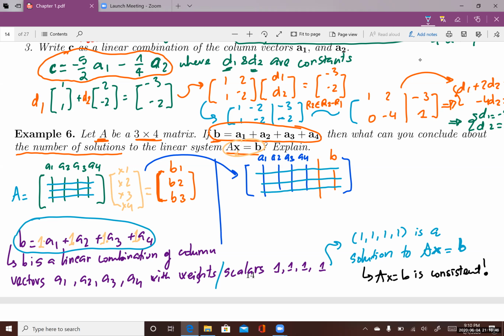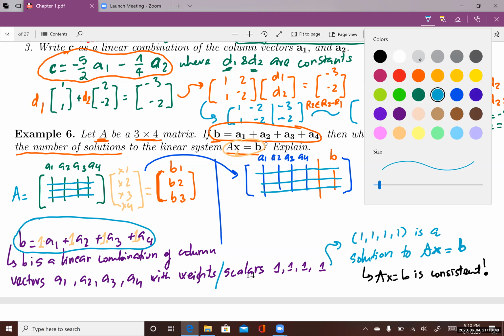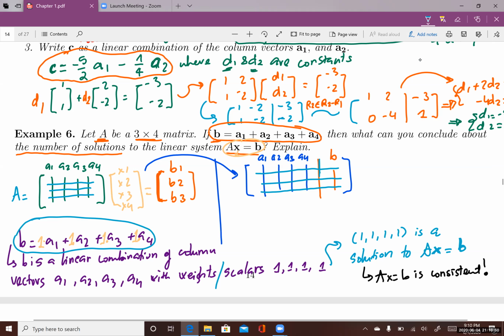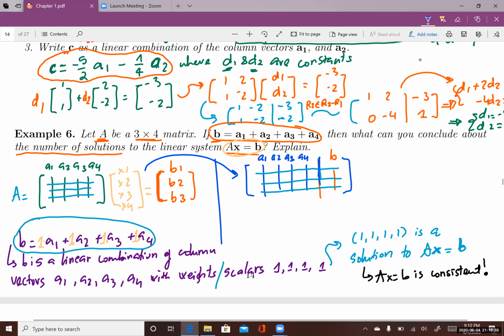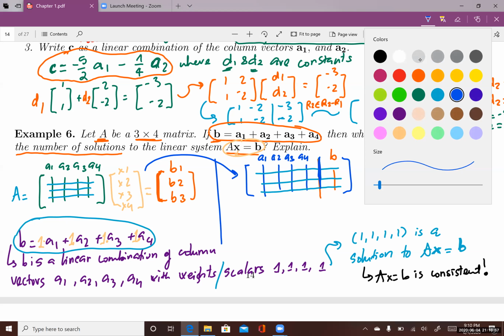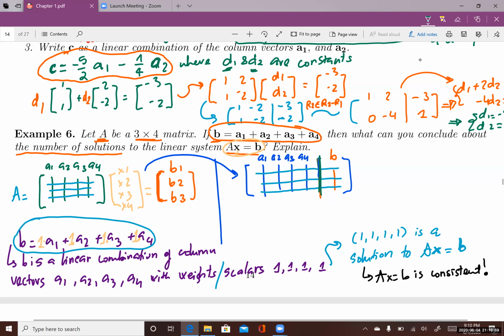Again, this vertical bar here is just separating the coefficient matrix from the constants. So this is B, this is A1, A2, A3, A4, 3 rows.